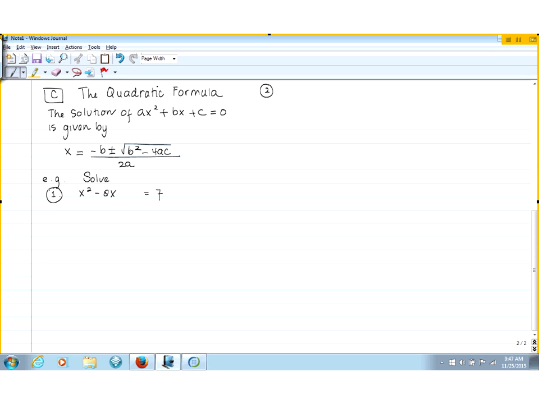Number 2: x squared plus 5x minus 3 is equal to 0. And number 3: 3x squared is equal to negative 7x plus 2. Alright, so these 3 problems.